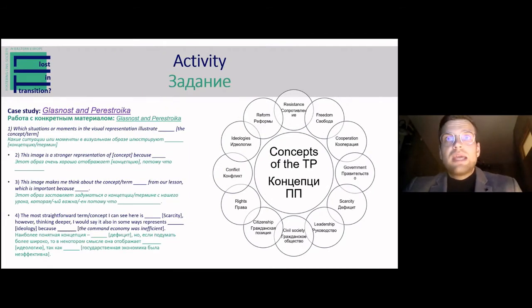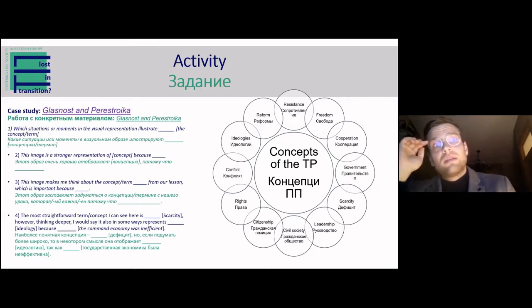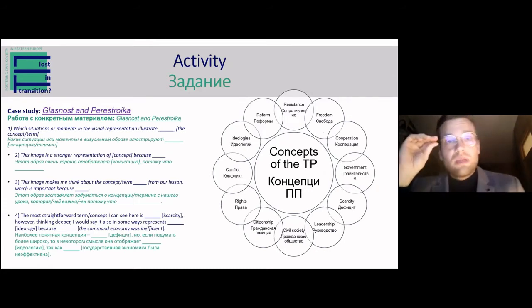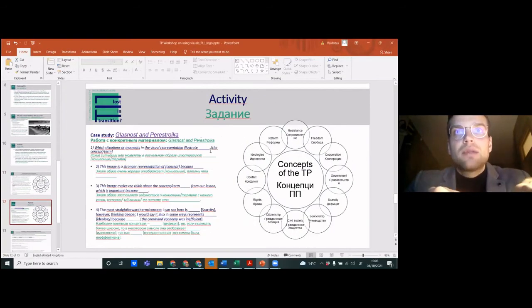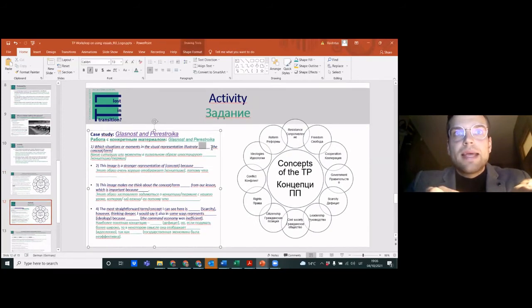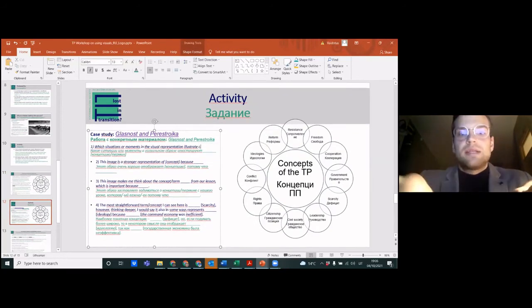Now we'll take a case study together here, and we'll take a case study of glasnost and perestroika. In the first question, I will read the question. Which situation or moments in the visual representation illustrate the concept? And I'll choose, let's say, civil society.